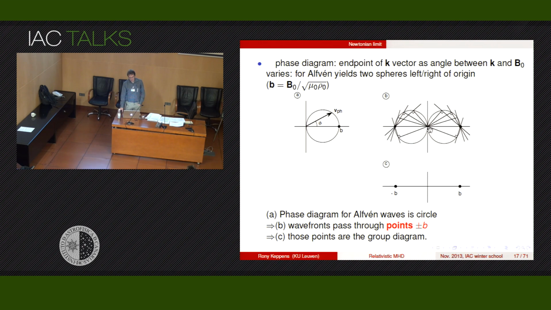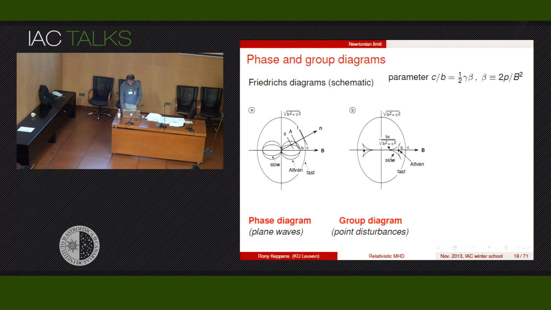And as an exercise for tonight, if you take two circles and you make a Huygens construction, what do you get? You basically get 2 points in which these constructively interfere, and those are the Alfvén waves. They only travel along the perturbed magnetic field line. All right? So this thing here is the group diagram, and those dots are the Alfvén waves.